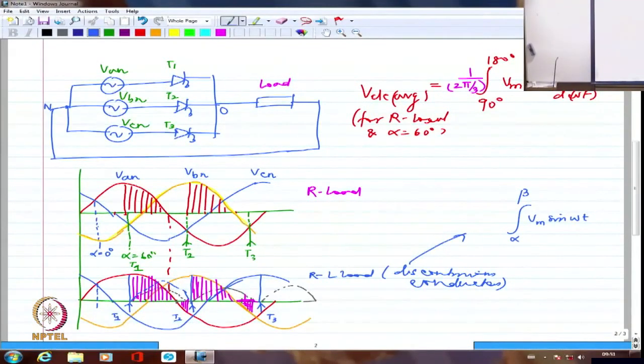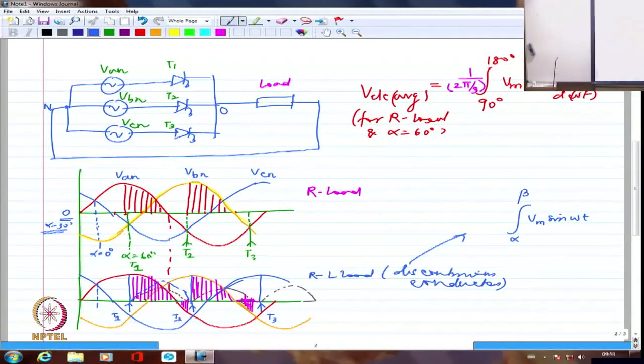I want to emphasize this. If I say alpha to beta is my limit for the voltages, please note this is omega t equal to 0, whereas alpha equal to 0 is at this point. So this happens to be alpha minus 30, whether I like it or not. You get my point? Omega t equal to 0 is the same as alpha minus 30.